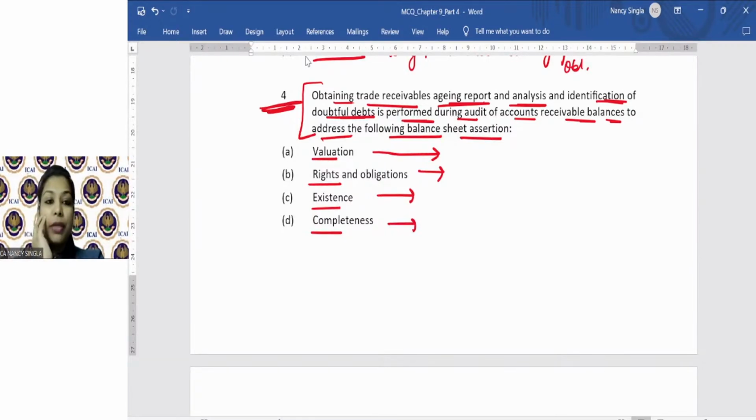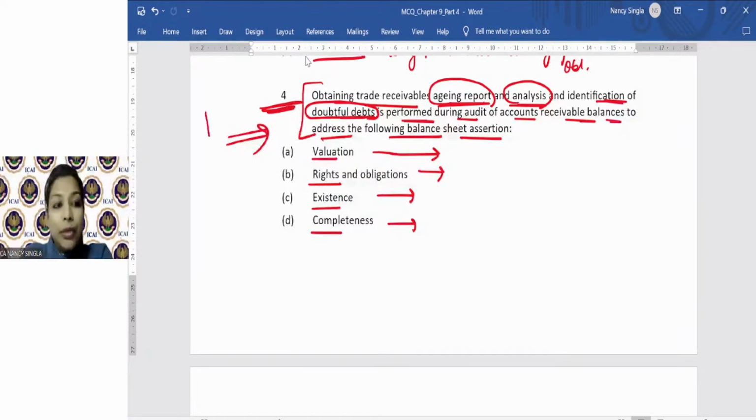Check your answer with respect to the fourth point. Obtaining trade receivable aging report and analysis, identification of doubtful debts. So why will you find this out? You have to see whether to create a provision or not, whether to show it as bad debt, whether to write off. So it will have an impact on what assertion? Now answer it. After what I have explained, I have circled the keywords aging report, analysis, doubtful debts.